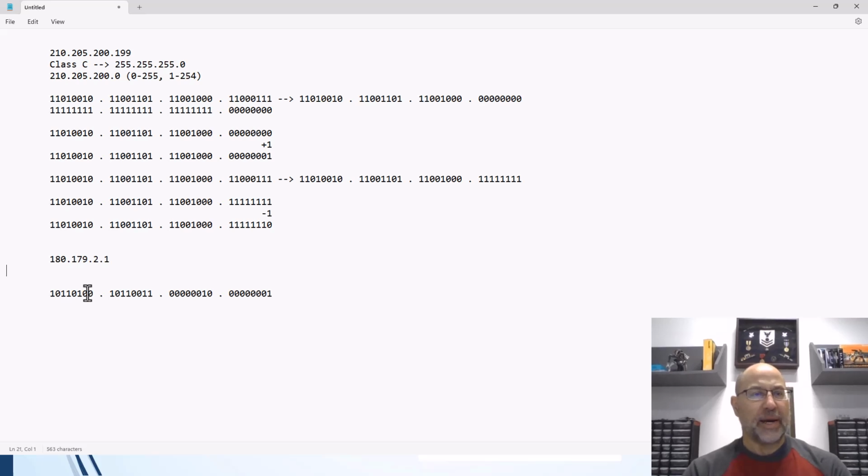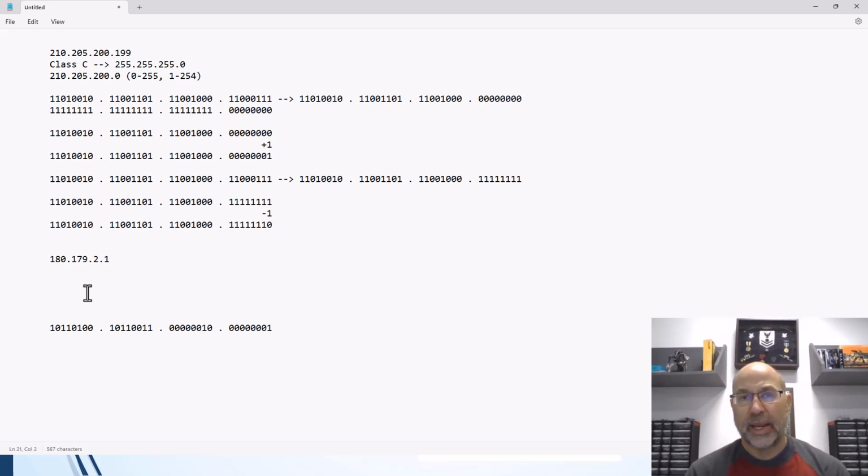So I broke out in binary to save a little bit of time, but let's go through the steps. If I look at this address and I see that it's 180, I know that that falls in the 128 to 191 range. So this is a class B. And so I know that the mask for a class B is 255.255.0.0 or /16.